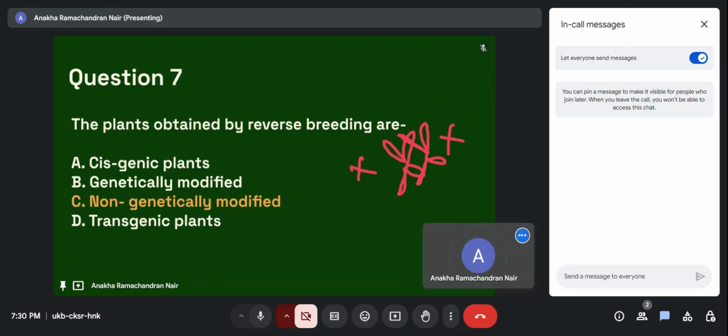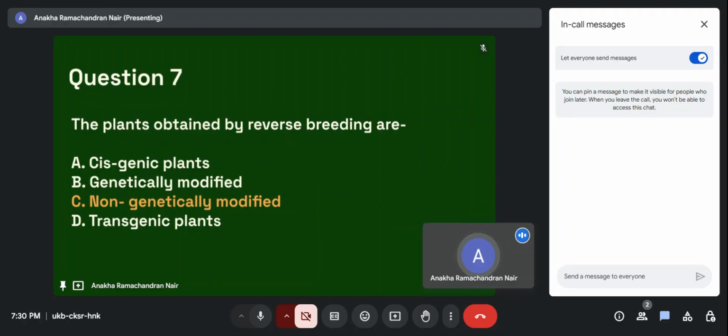So the plants that you obtain from the reverse breeding, that you are choosing from the gametes formed, are not genetically modified, right? So the correct answer is non-genetically modified plants. They are not transgenic or genetically modified or cisgenic plants, right? So they are non-genetically modified plants.